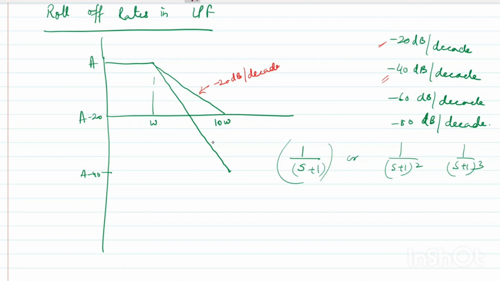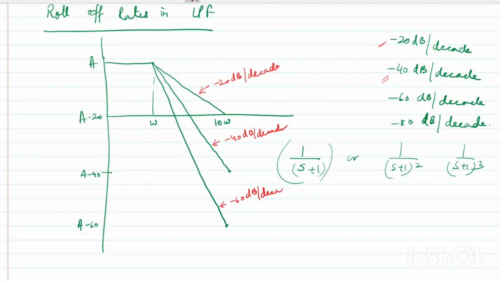So this slope is minus 40 dB per decade. Then suppose this is A minus 60. Here it will come down by 60 dB. So this is your 60 dB per decade.